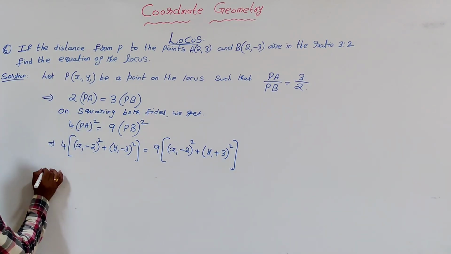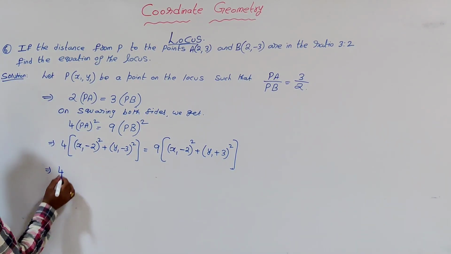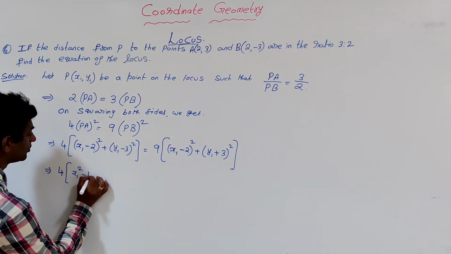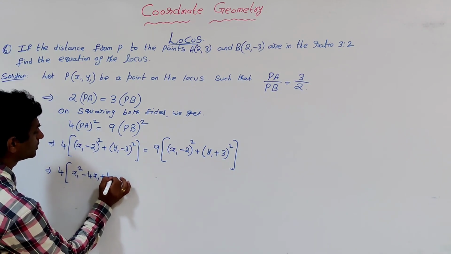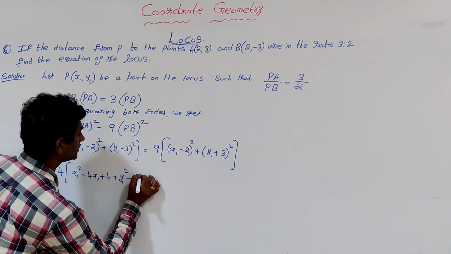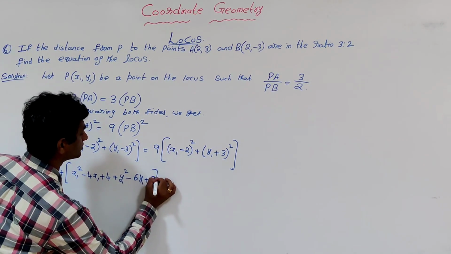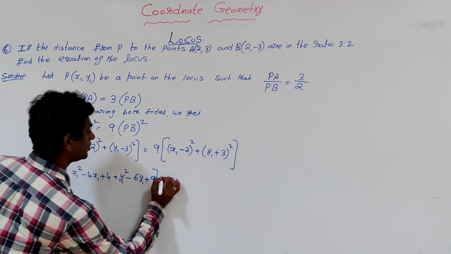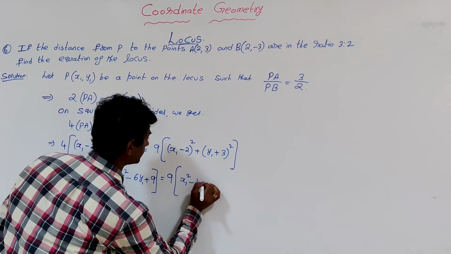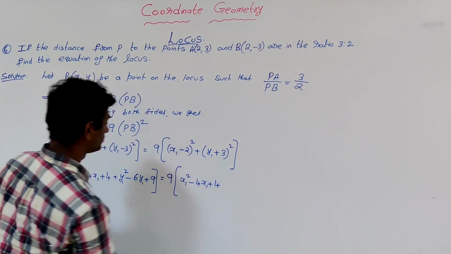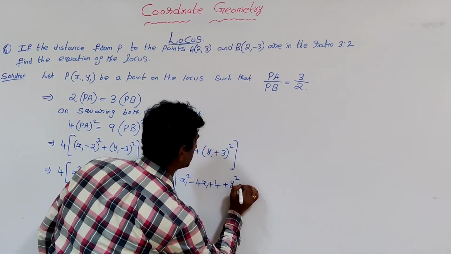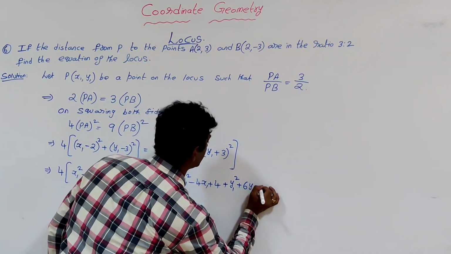Now expand. 4 times (x1 square minus 4x1 plus 4 plus y1 square minus 6y1 plus 9) is equal to 9 times (x1 square minus 4x1 plus 4 plus y1 square plus 6y1 plus 9).